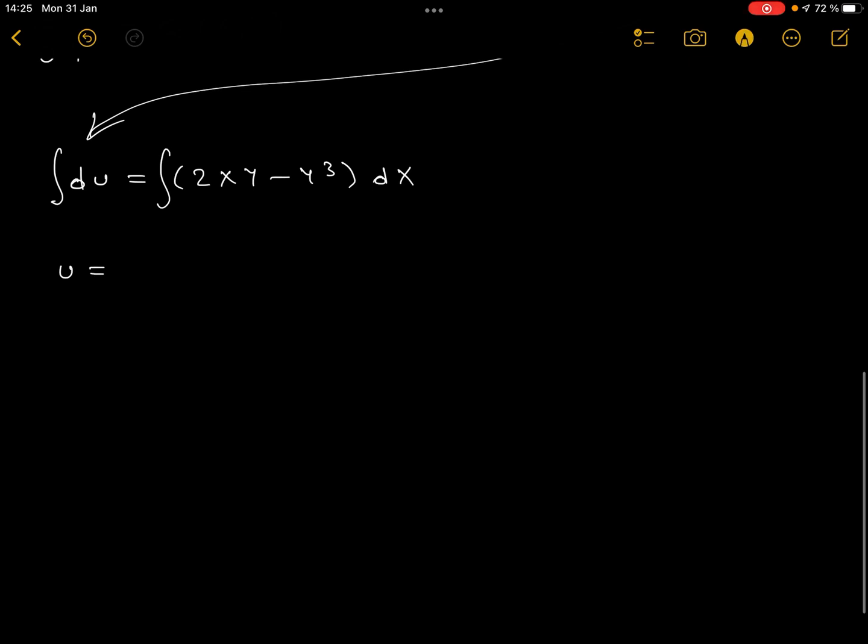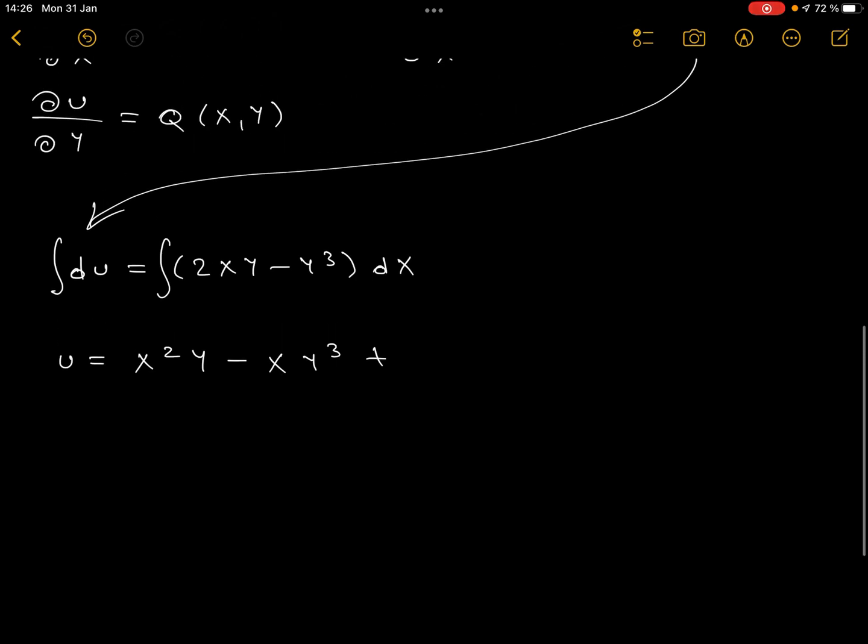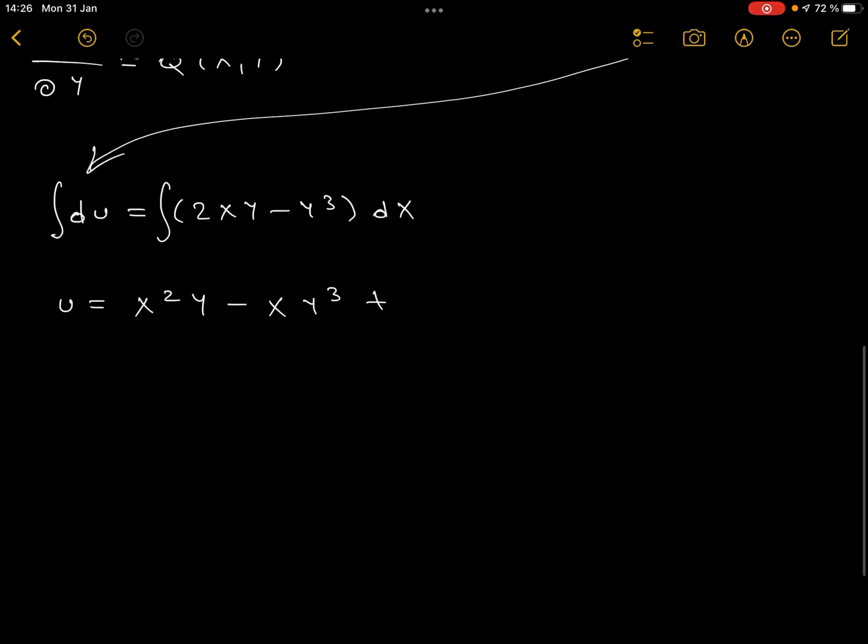So we get that u is equal to, remembering that we're integrating the right-hand side with respect to x, x squared y minus x y to the third power plus a constant, but this constant won't really be a constant. It will be some function of the other variable. Let's call it phi of y.